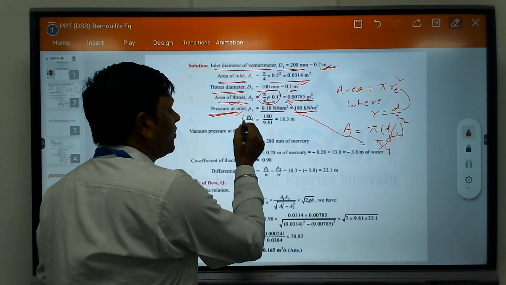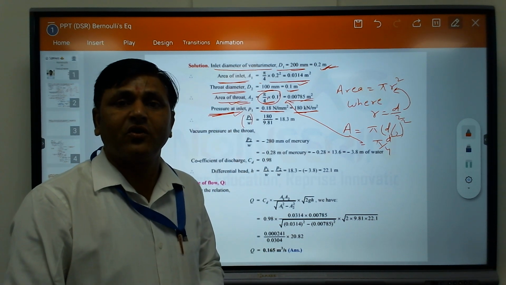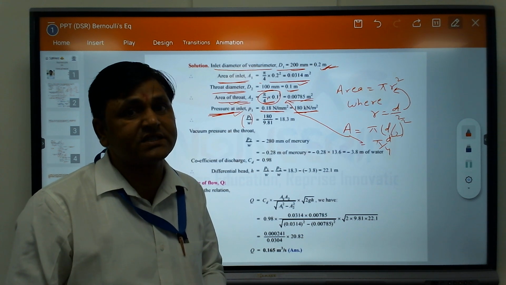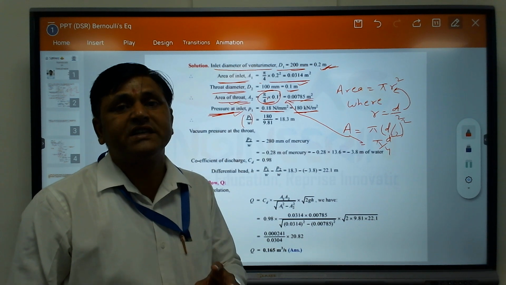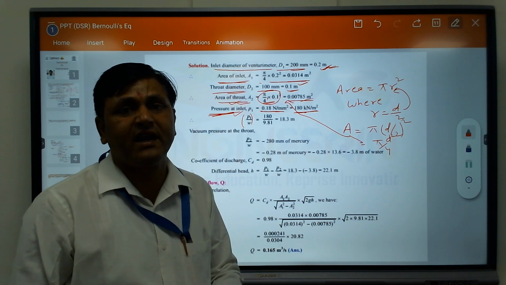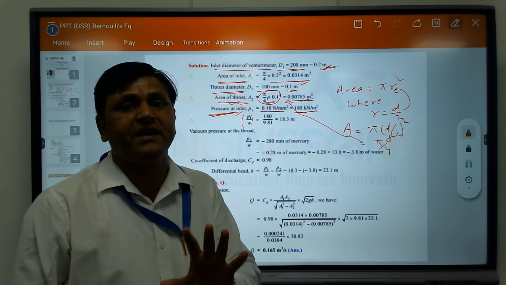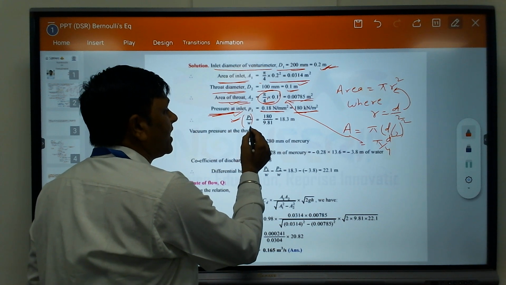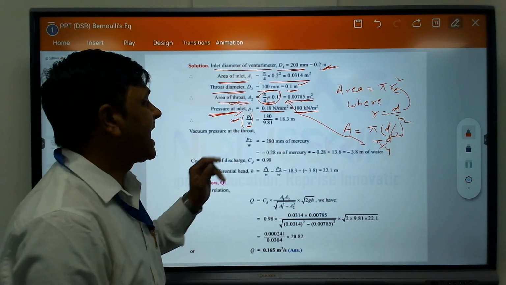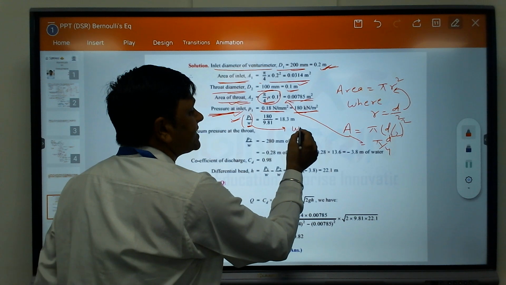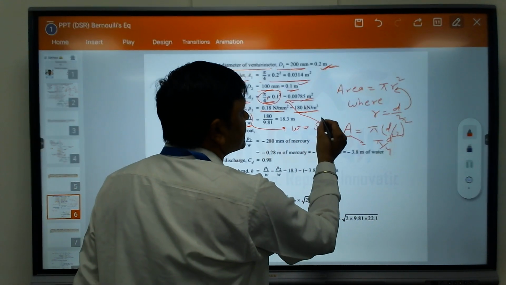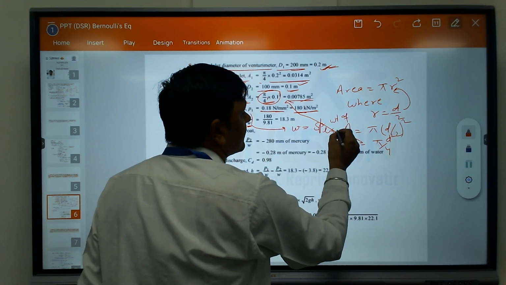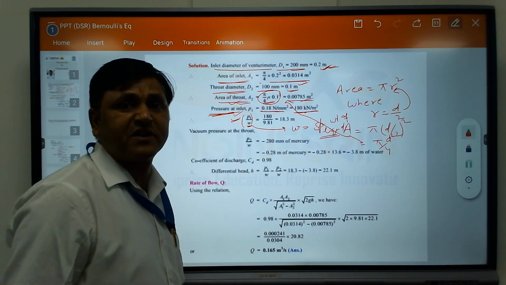And we all know about the Bernoulli's equation. We have already studied the Bernoulli equation, in which the three heads are constant: first is the pressure head, second is the kinetic head, and third is the datum head. Here we are using the pressure head, P1 over W. P1 is the pressure, and W is the specific weight of the liquid.